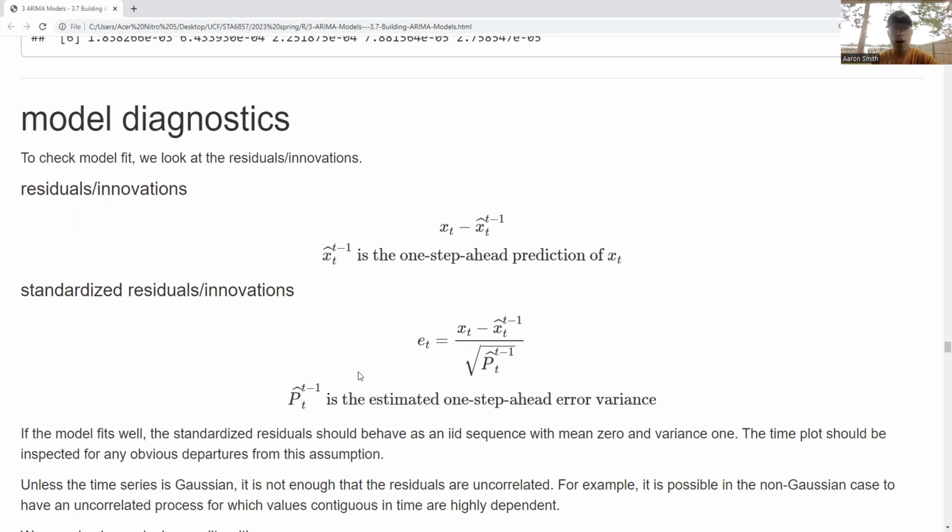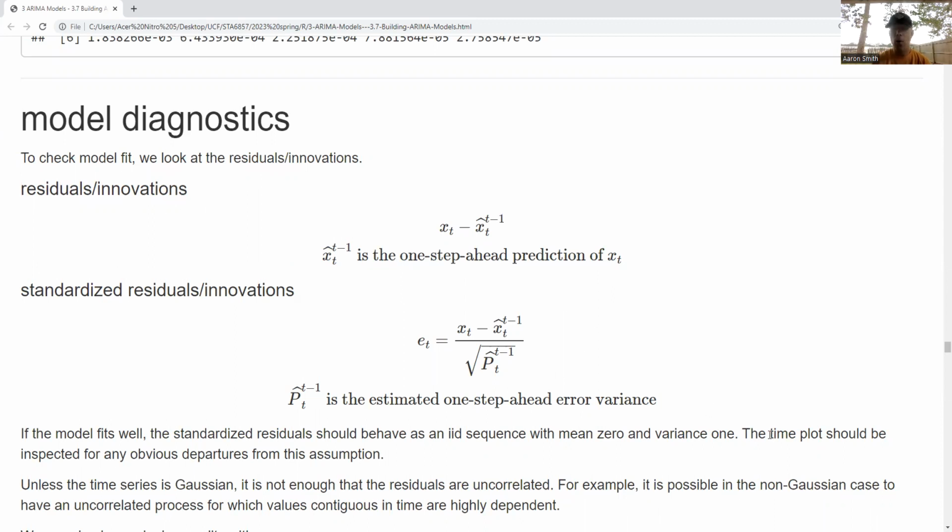And then to standardize, I just need to divide by the square root of the error variance. That gives me my standardized values. If the model fits well, standardized residuals should behave like an IID sequence with mean 0 and variance 1.